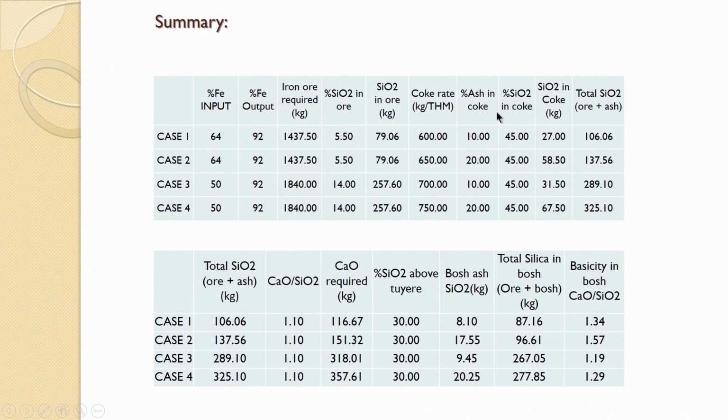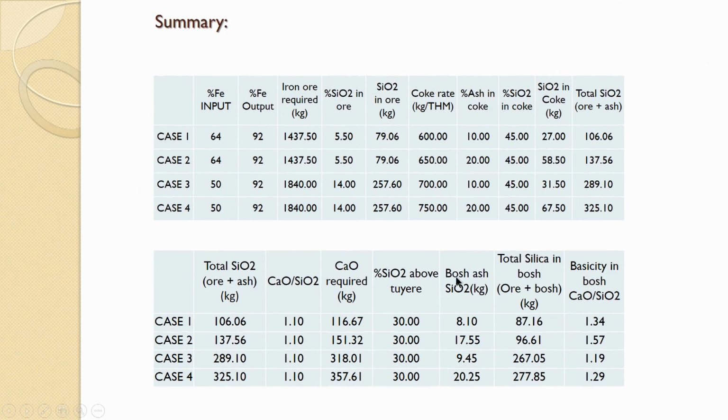Based on the coke rate and knowing the S content in the coke, our SiO2 in the coke also changed, and based on that we calculated the total SiO2 in ore and coke S. Then we kept our final basicity constant at 1.1 and calculated the CaO requirement, the lime requirement.